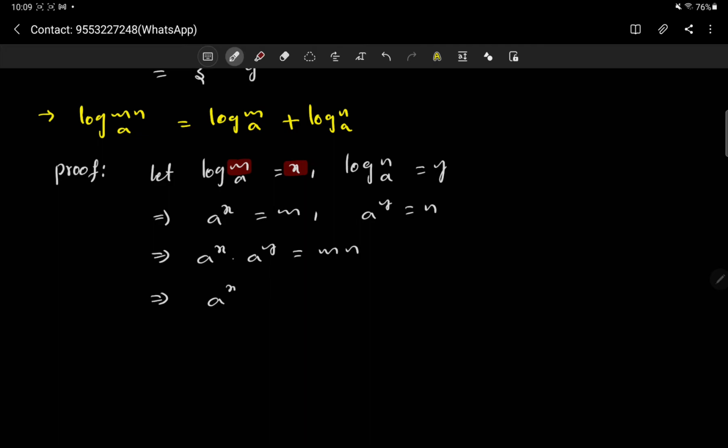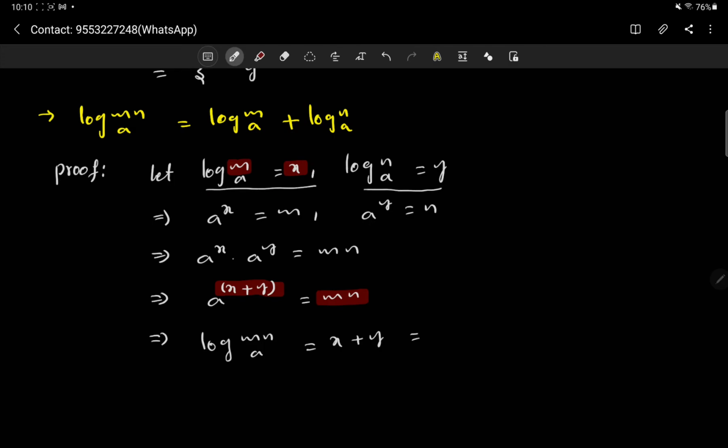This becomes a power x plus y is equal to mn. Taking log, both numbers interchange again, so log mn base a is equal to x plus y. Now x is nothing but log m base a, and y is nothing but log n base a.